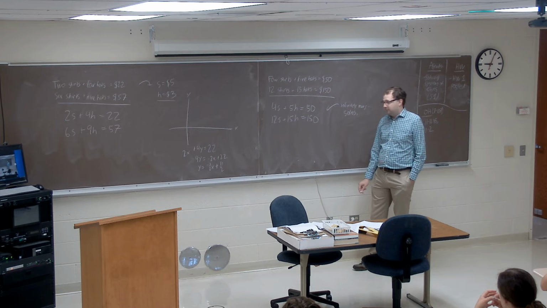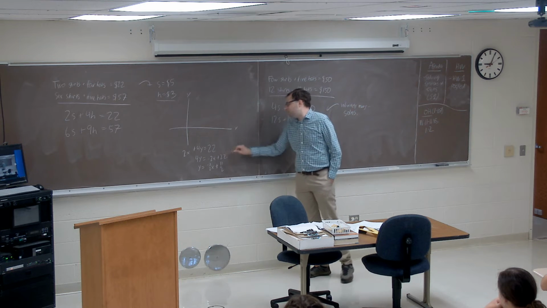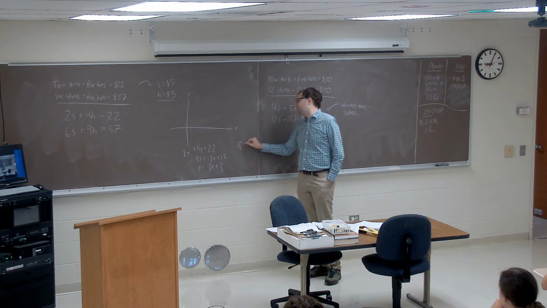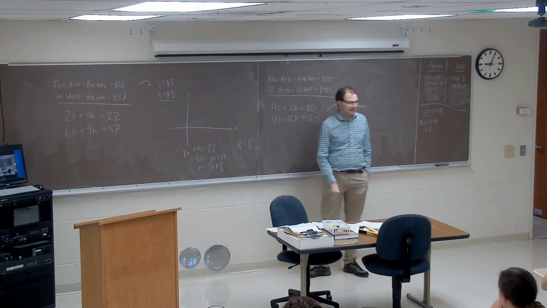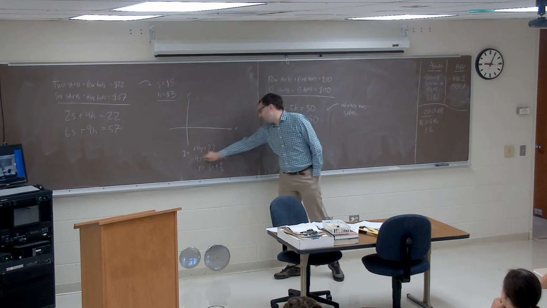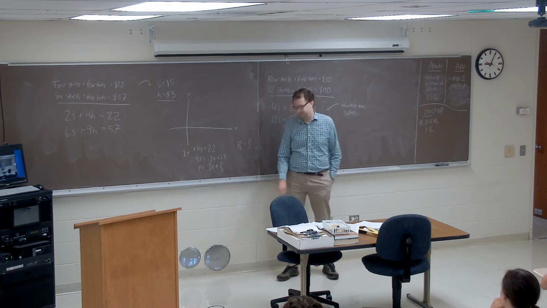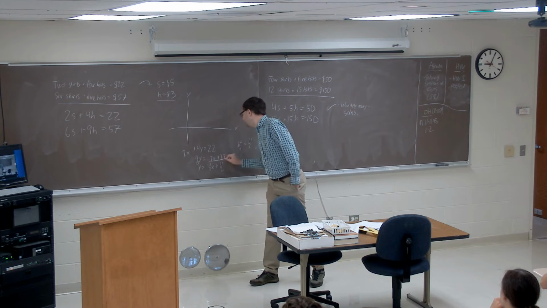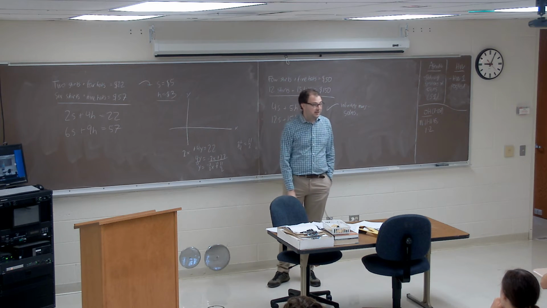No, 11. So I divide both sides by 4, I get 22/4, which is 11 halves. I need to divide both sides by 4 to get the y by itself. Got me scared for a second there.